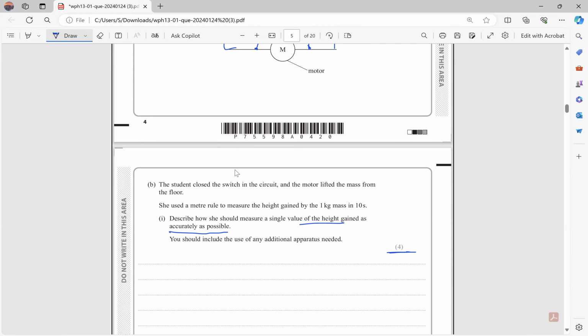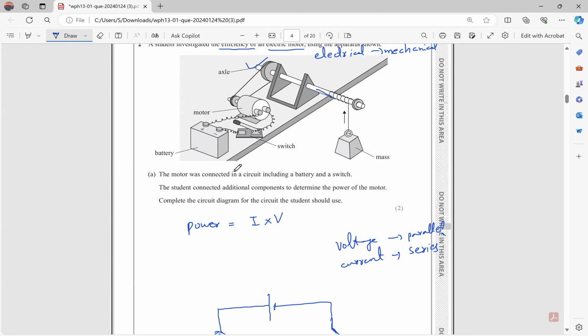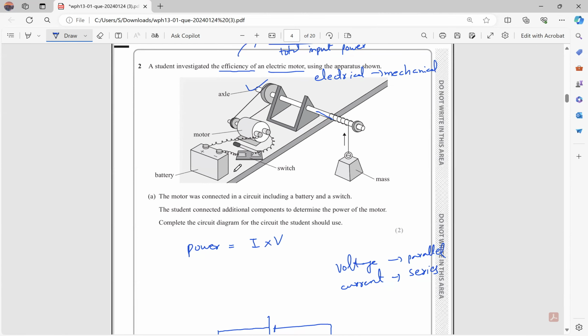So let's go back to the diagram and imagine that we are trying to measure the height that this mass gains from the floor. It was previously on the floor. When the motor starts working, it lifts up, and we're using a meter rule to measure its height. The first thing that comes to mind is that the meter rule must be vertical.